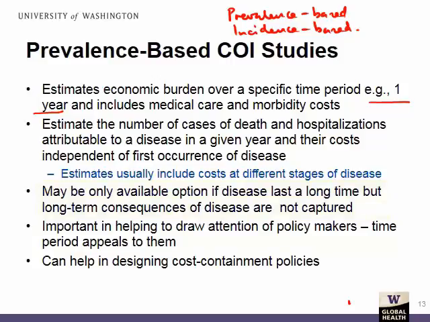It also generates estimates that can draw attention from policymakers because the time period appeals to them. Policymakers usually think in 1 or 2 year time frames, and this type of analysis that limits to a single year usually appeals to policymakers. And you can also use estimates from this design, the prevalence-based method, to design cost containment policies.